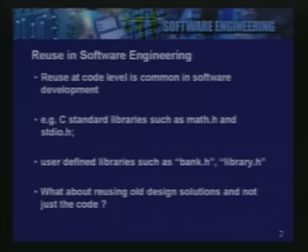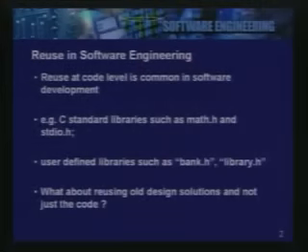So the .h files that you include in your code represent the reusable code. These are typically shipped by the designers of the software. Along with the language, you get these files bundled with the language environment. So this is an example of reuse of code.